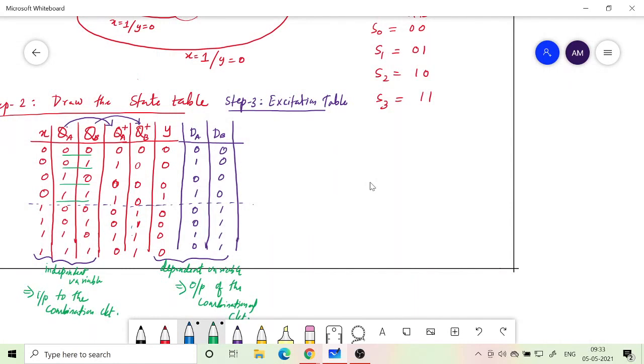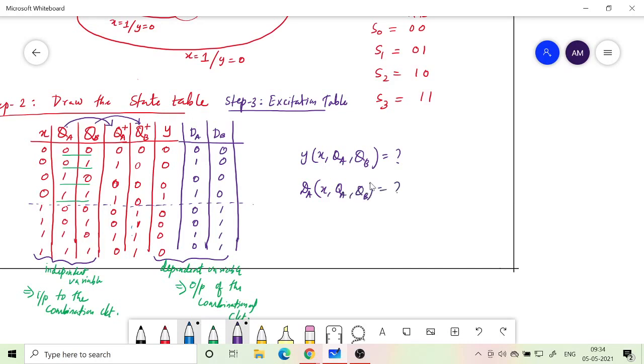So what is my Y? So Y is a function of X, QA, QB. So what is that? I need to find that out. And then DA is a function of QA, QB.